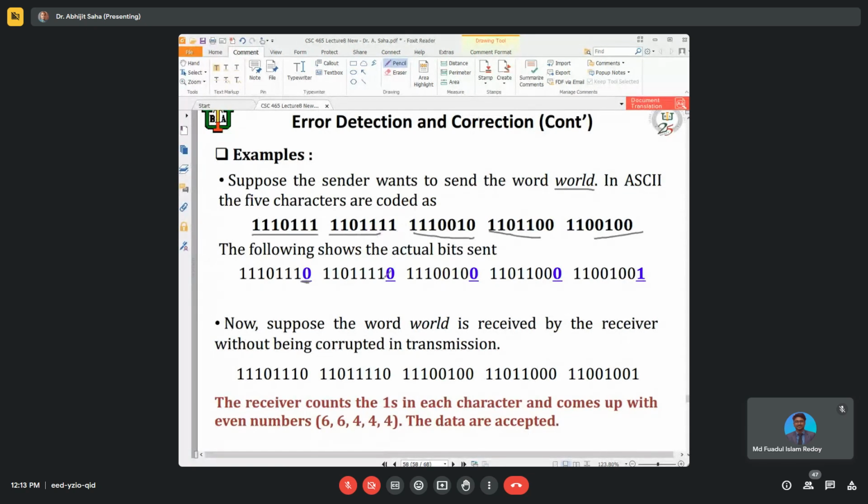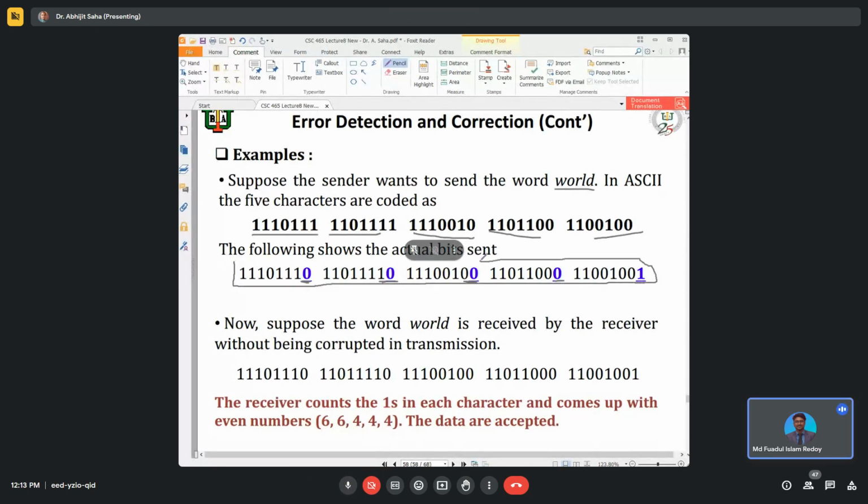Here we already have 6, so you see 0. Here it's 4, so with even parity we also get 0. And here this is already even, so 4, and we get 0. So you can see that here we make the frequencies even using one parity bit. Clear? Yes, sir.